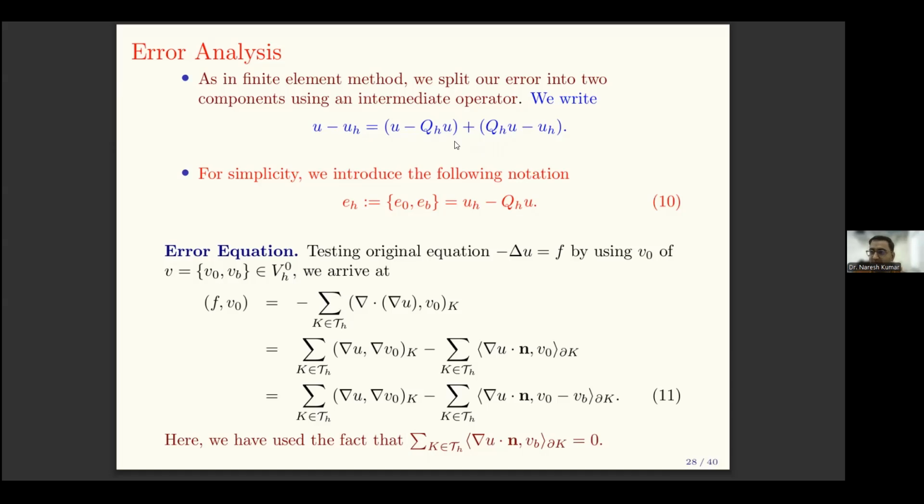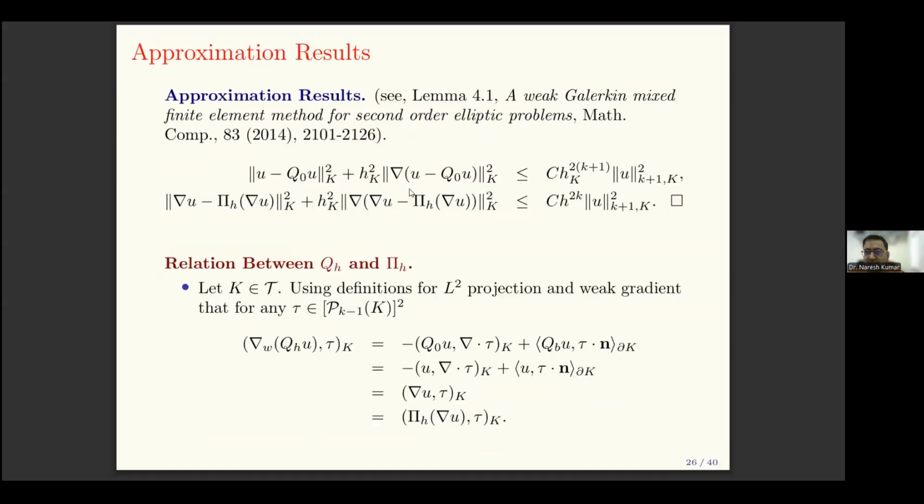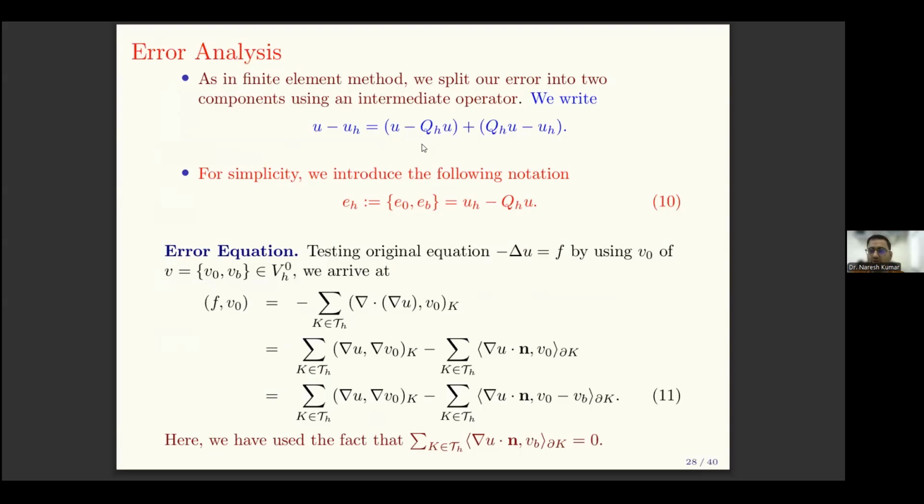The approximation property helps you bound u minus QHU. You don't need to derive the convergence analysis for this first component, because it is already known from the approximation result. So now we only care about the second component, QHU minus uh.